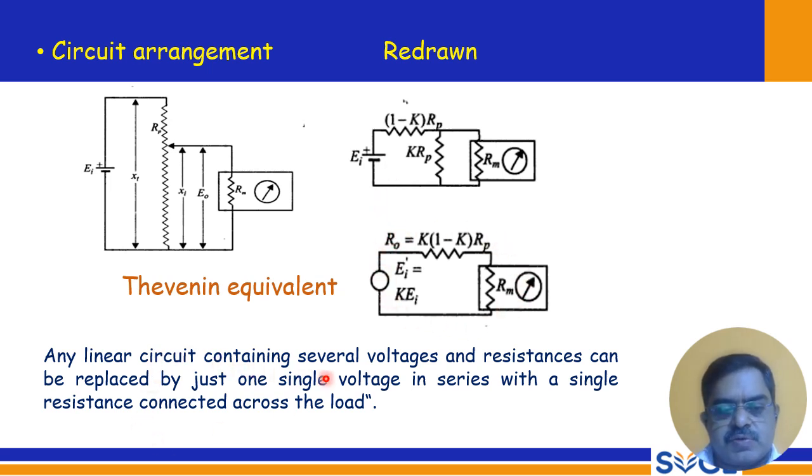Any linear circuit containing several voltages and resistances can be replaced by just one single voltage in series with a single resistance connected across the load. So this is the Thevenin theorem of simplifying circuit diagrams. Using this, we are getting a simple circuit diagram here.